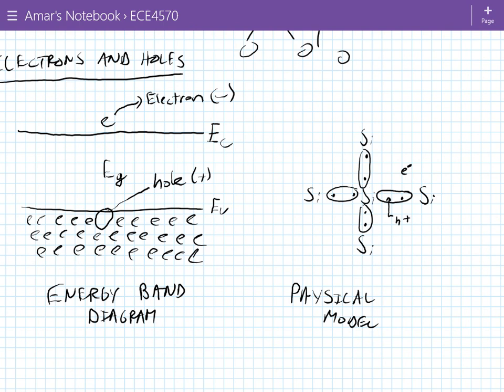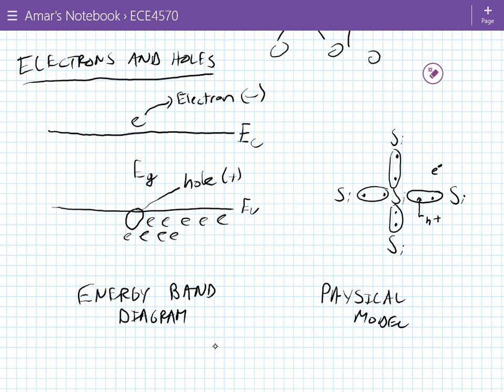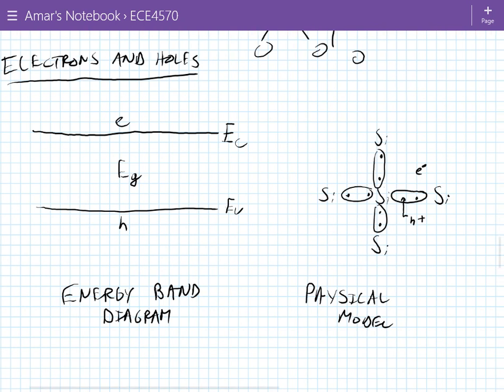This is what it looks like in terms of the physical model. Now, if we want to do a shorthand here, we won't bother drawing out all these electrons. We will just say that there's an electron here, and we'll say that there's a hole here. You see how that just makes it easier to draw the diagram. But physically, this is what's happening.